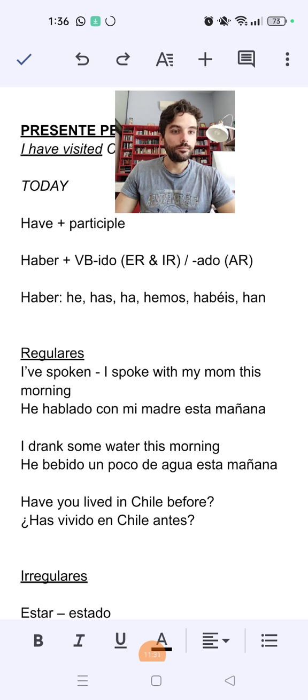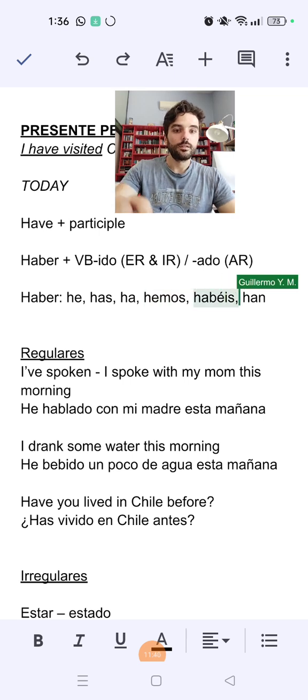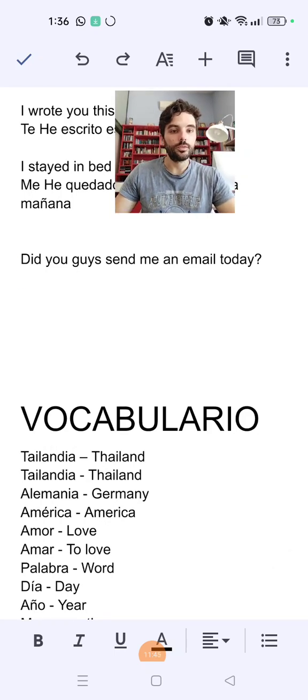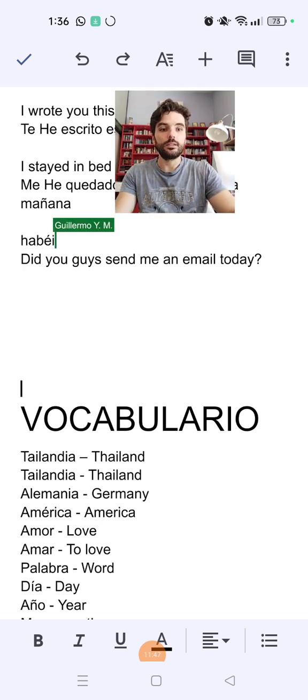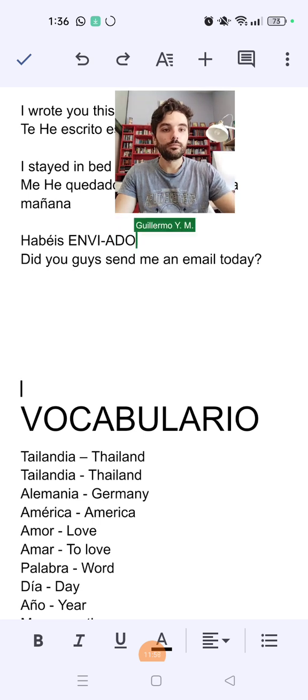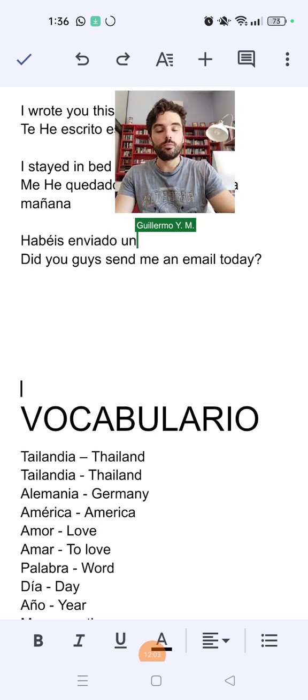It's here, right? This is we, and this is you guys. So, habéis. Did you guys send me? Habéis. To send is enviar. So what is the participle? We take the AR out, we put ado, so enviado. ¿Habéis enviado un email, un correo hoy?